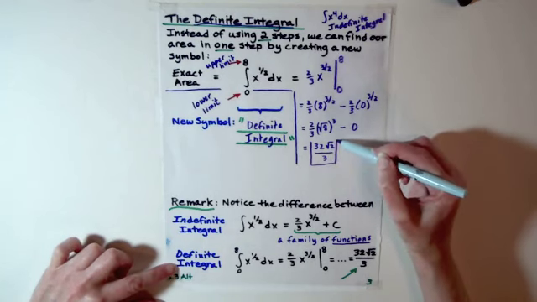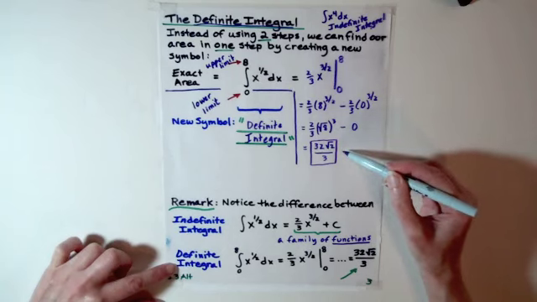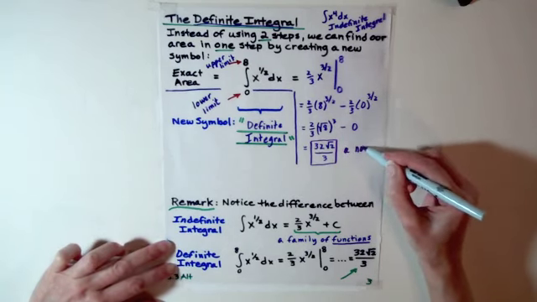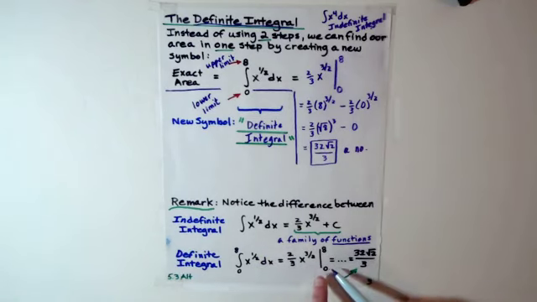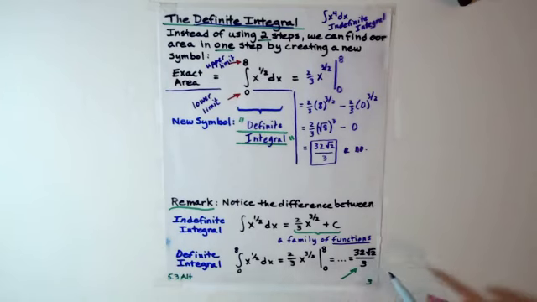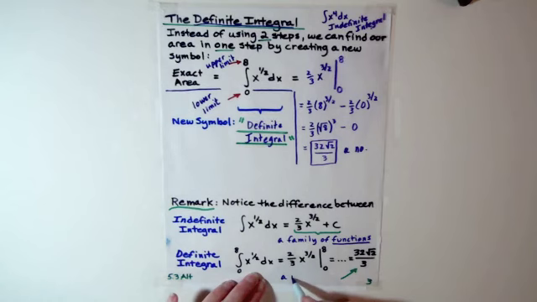Remember, our answer to this definite integral problem ended up being a number. What we just did was the definite integral from 0 to 8 of x to the 1/2 dx. We went through our whole business, we ended up with 32 root 2 over 3, and this is a number. It's not a function, it's a definite number.